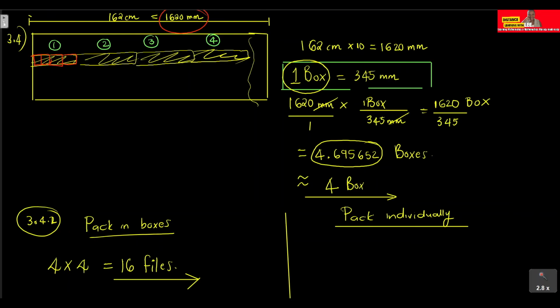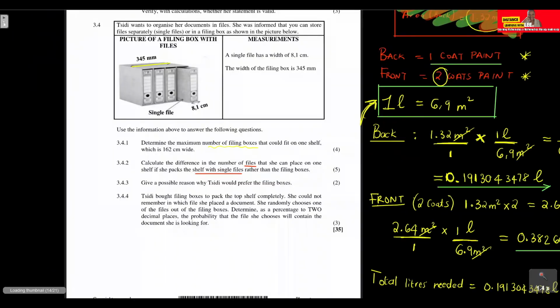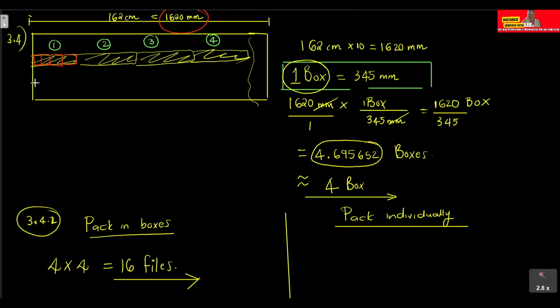So if one file, remember here we were given the file is equal to 8.1 centimeters, how many files can we now fit into this shelf, taking into consideration the length of one file?